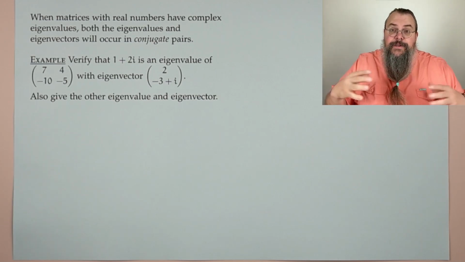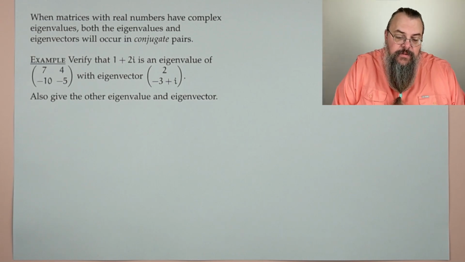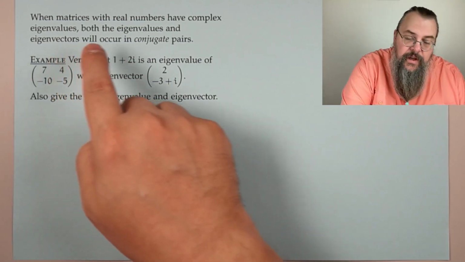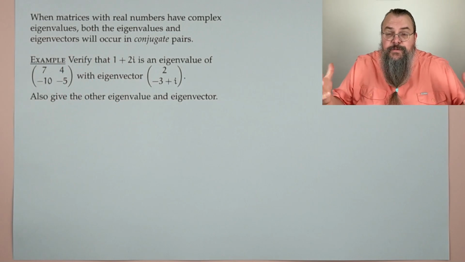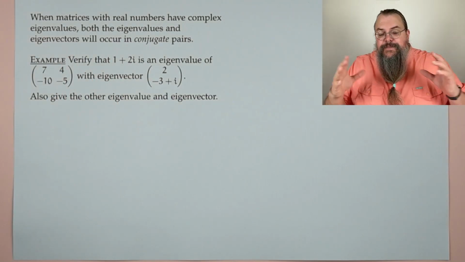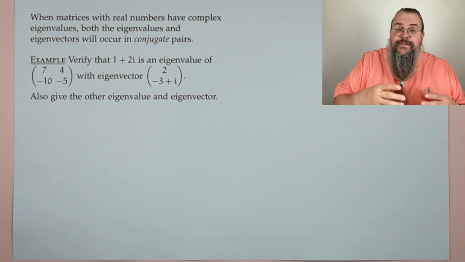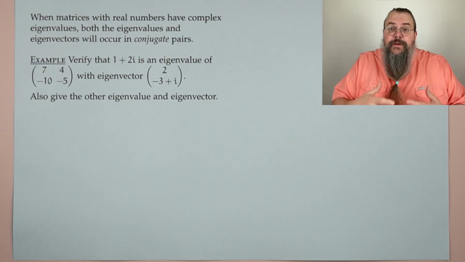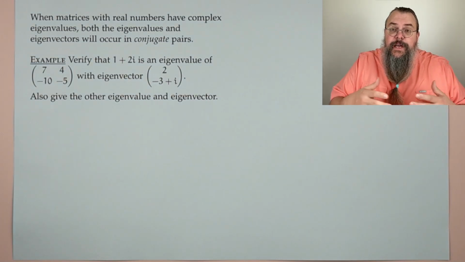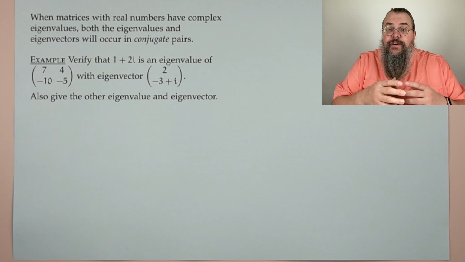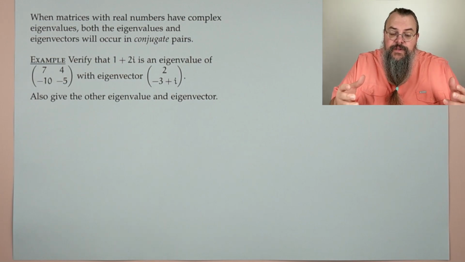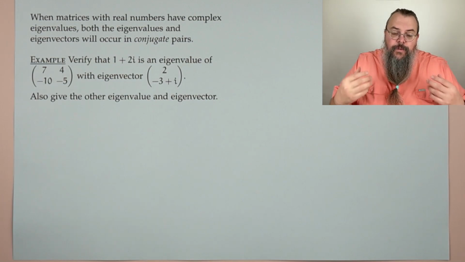So we have a nice basic fact, namely, if you have a matrix and the numbers are real, so we're keeping it real, it's possible to have complex eigenvalues. And we've seen that before. If we have a polynomial, we can have complex roots, even though all the numbers involved are real numbers. So, what do we do?